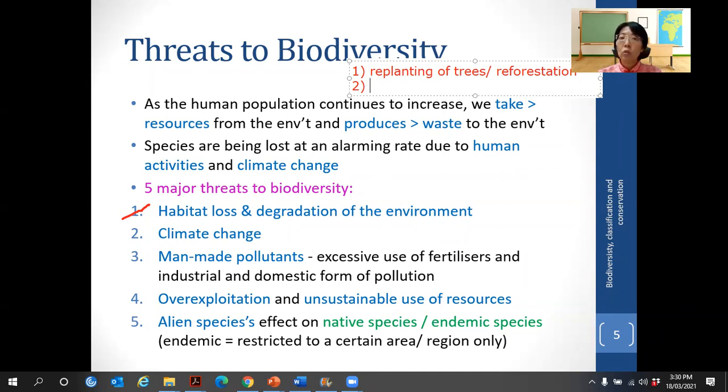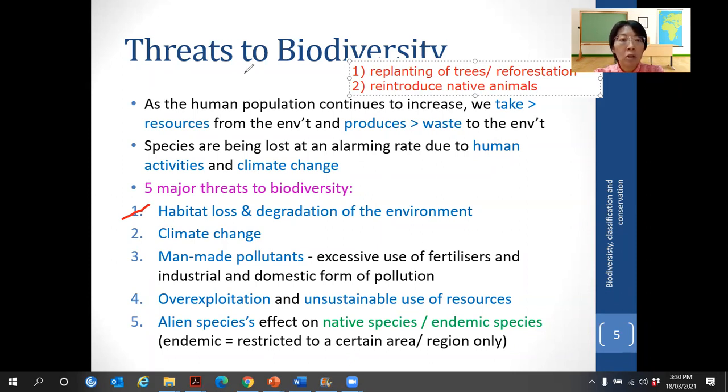The role of the zoo is captive breeding, as well as research, as well as reintroducing the animals back to the wild. So we want to reintroduce the native animals back to the habitat. So we do the replanting of the plants and we reintroduce the animals to the area. So that will resolve the effect due to threat number 1.